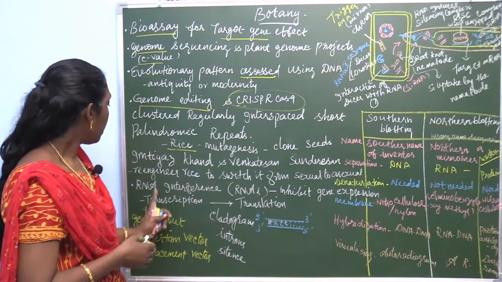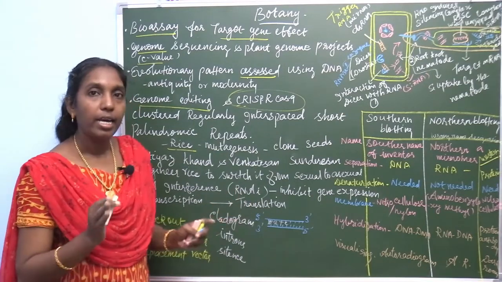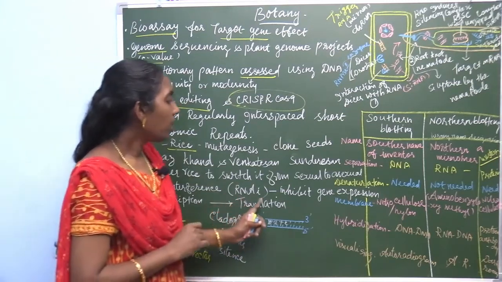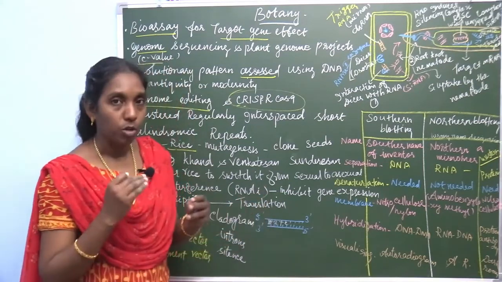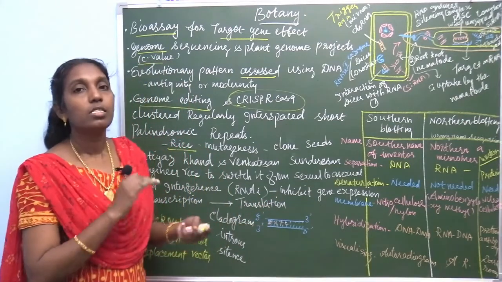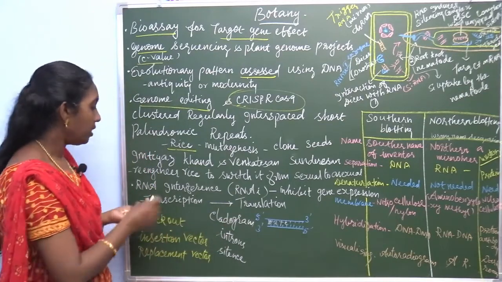Here, RNA interference, in short RNAi. RNAi is the process that inhibits gene expression. What is the meaning of RNA interference?